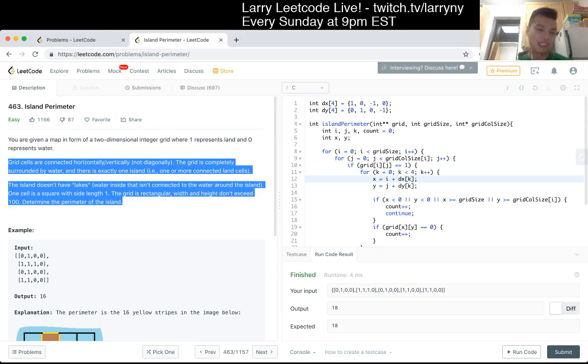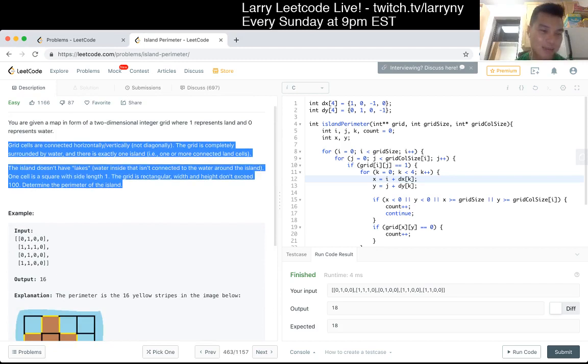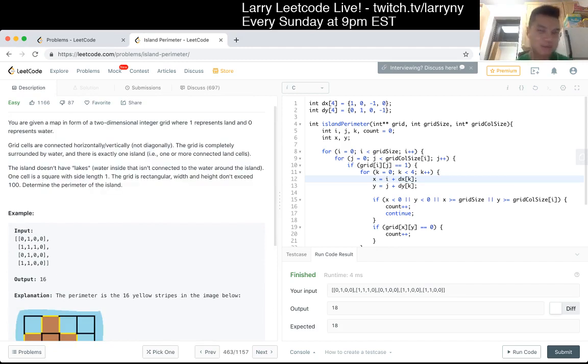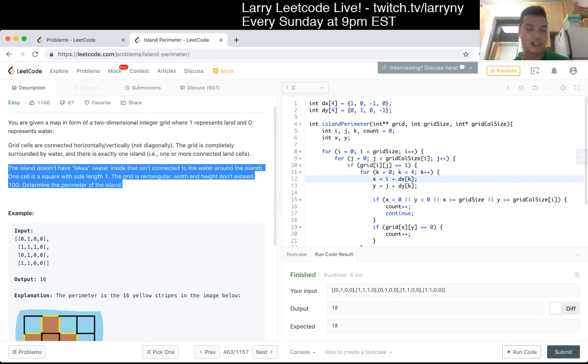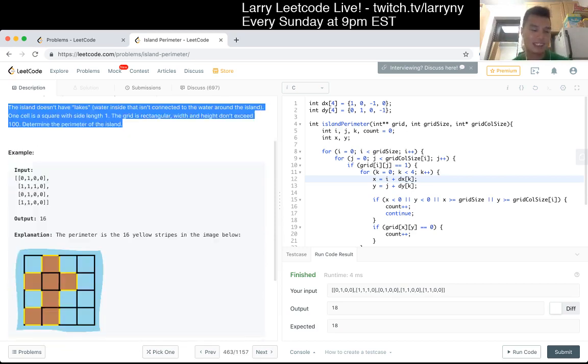But then you have to explain why it makes the problem easier without giving an explicit hint. You give the interviewee the statement that this island doesn't have lakes, and sometimes it may throw them off. They may wonder why it doesn't have lakes, and so forth.